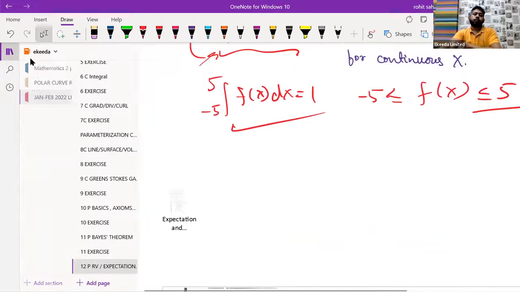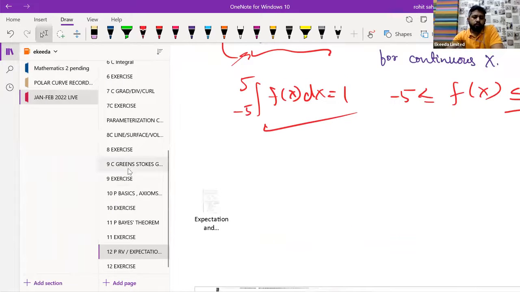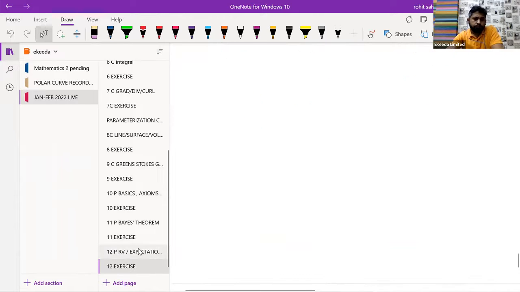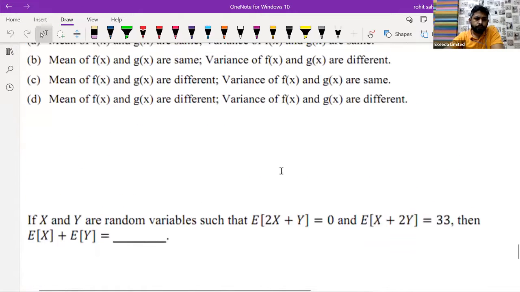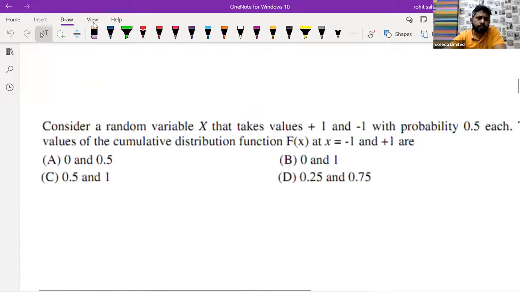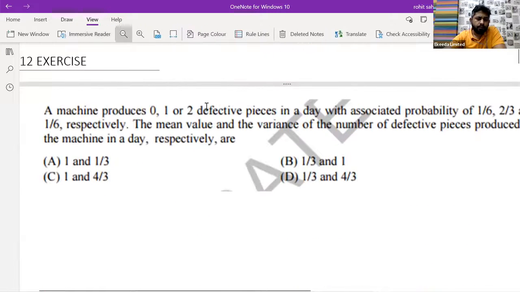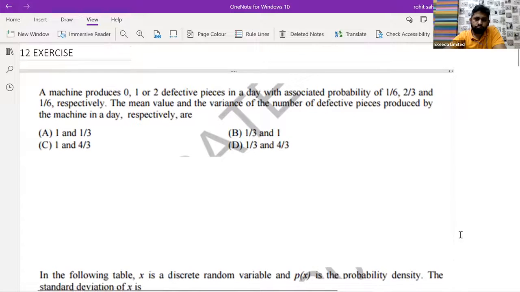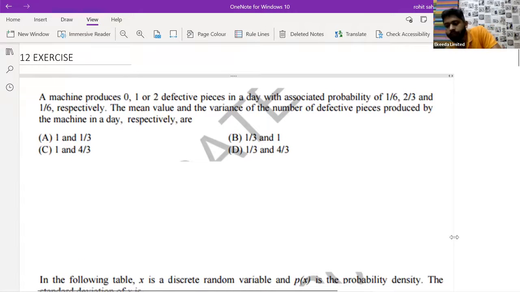Okay, fine. So let's move to the question part. Let's look at the questions now. I may need some extra questions also. Let me see which questions need to be discussed today. Just give me a second. Let me check.